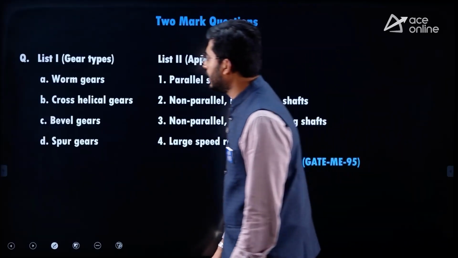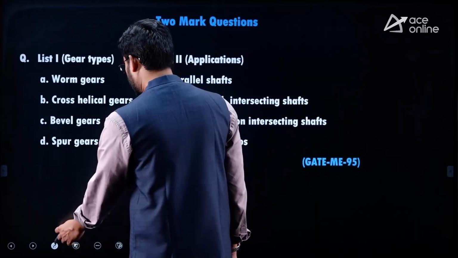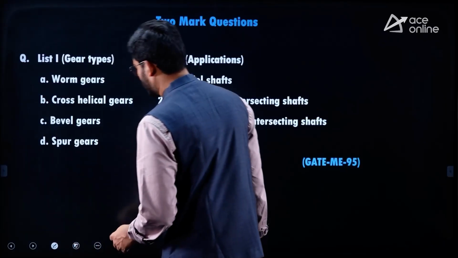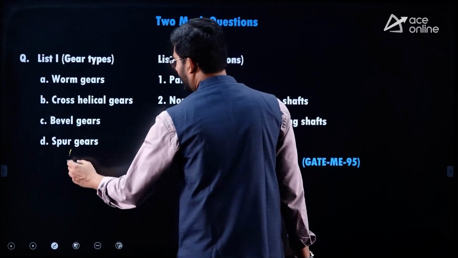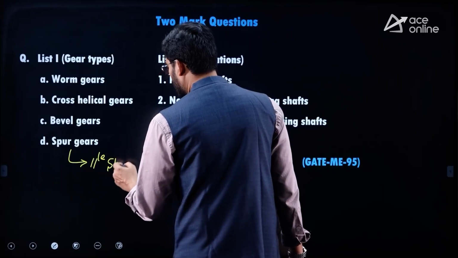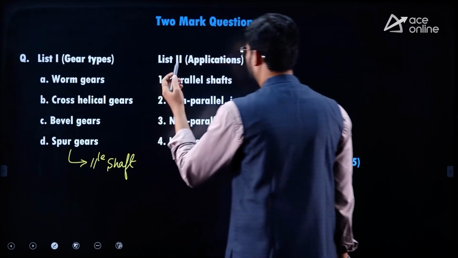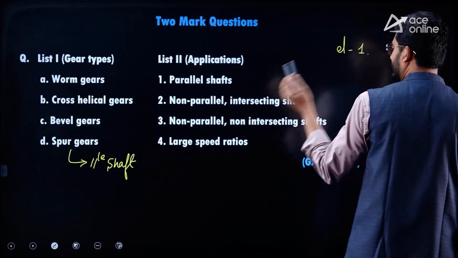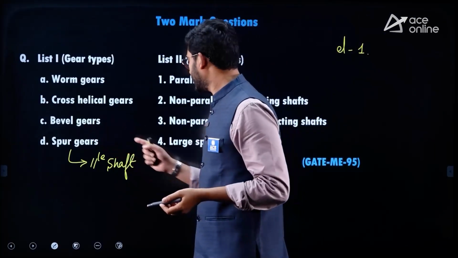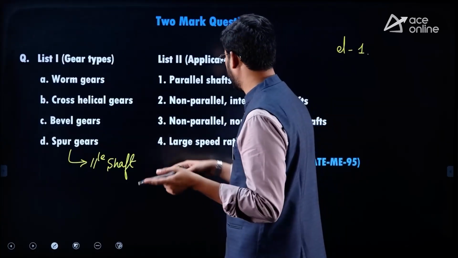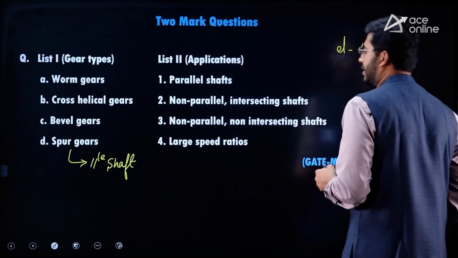Next question. Here is the list of gears given to us: worm, crossed helical, bevel, spur gear. So spur gear is used for connecting the parallel shafts. Okay. So as you can see the list here, D is going to match with the 1. And bevel gears are used when the shaft axes are intersecting, non-parallel and intersecting shaft axis.